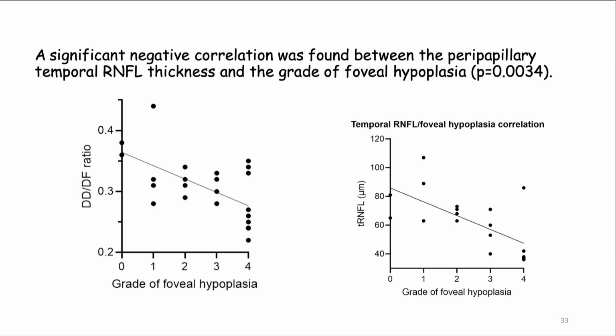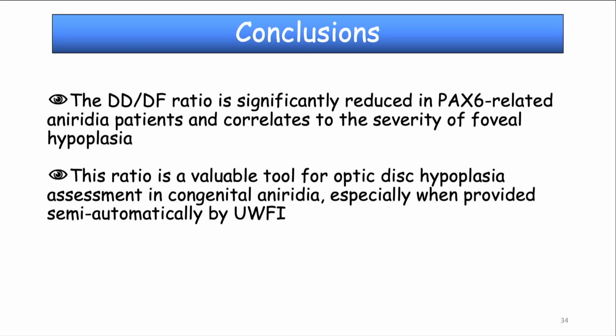There is also a significant negative correlation between the peripapillary temporal NFL thickness and the grade of the foveal hypoplasia. So in conclusion, the disc ratio of the optic disc is significantly reduced in PAX6 related aniridia patients, and it correlates with the severity of foveal hypoplasia. So that's important.